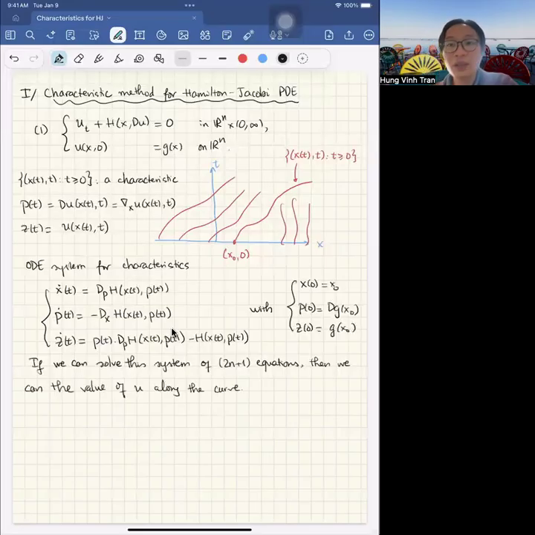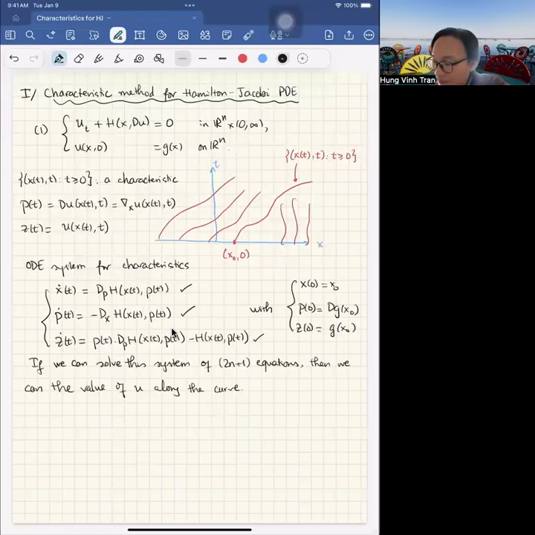The value of u along the curve here is just z of t. It's 2n+1 equations because the first ODE has n equations, the second ODE has n equations, since x and p are vectors in R^n, and z has one equation, since z is a scalar, just a real number. So that in total gives you 2n+1 equations.